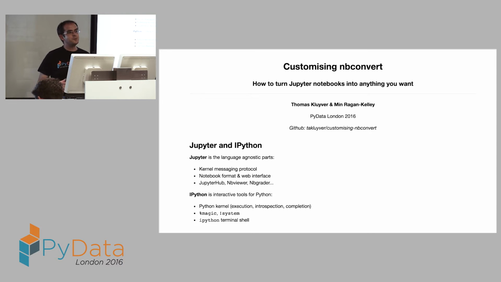It all was IPython up until and including version 3, and then we renamed large parts of the project to Jupyter, and the rule is that everything that can work with other languages, so all of the notebook, the protocol that it talks to, like send code to the kernel and things, and a lot of the higher level projects like Jupyter Hub that Min gave a tutorial on on Friday, that's all language agnostic. That all goes under the Jupyter name, and then IPython is the Python-specific interactive tools.